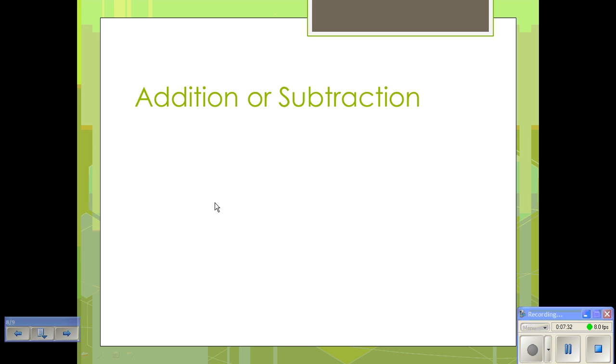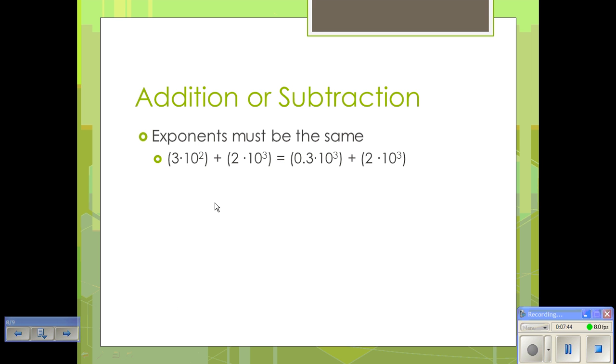When adding or subtracting numbers that are in scientific notation, you have to have the exponent be the same. So here, if I have 3 times 10 to the second plus 2 times 10 to the third, I need them both to have the same exponent. So I'm going to take that times 10 to the second and move the decimal point one more place, so that way it's to the third.